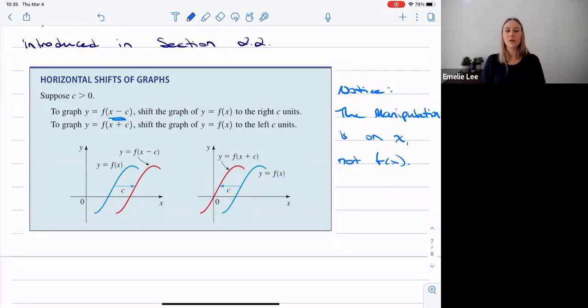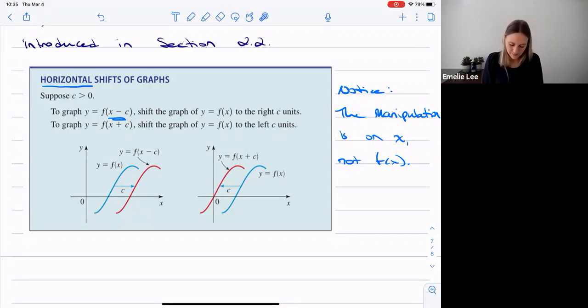So if you're manipulating f of x, that's when you get these vertical shifts, which makes sense. f of x is your y, so it's going to affect your y value. For horizontal shifts, horizontal is on the x-axis, and so now we're manipulating x to make a move horizontally.